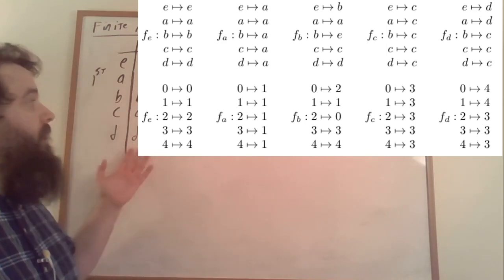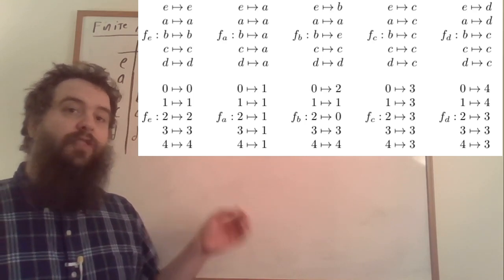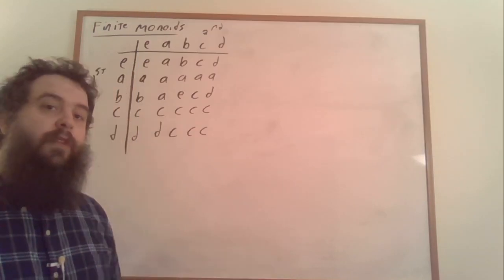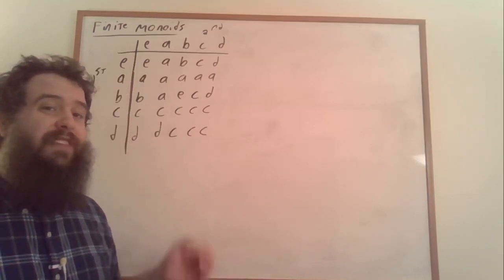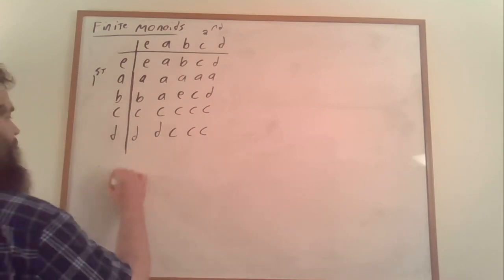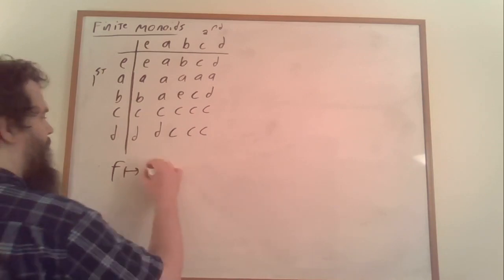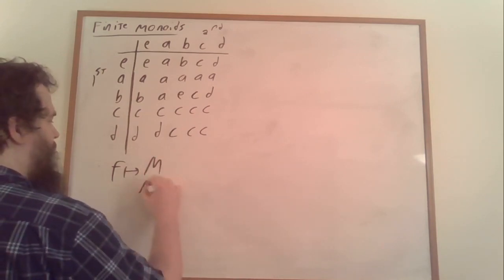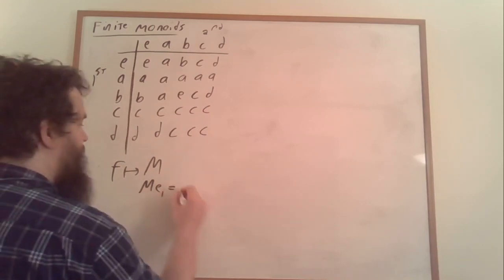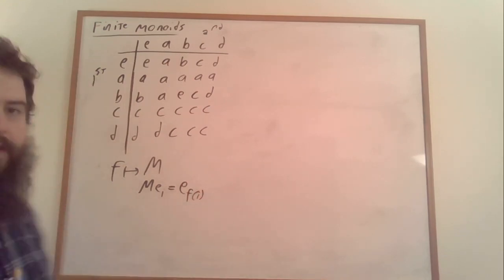Every finite monoid can be viewed as essentially a submonoid of the collections of functions on some finite set under composition. Just as before, we can also turn these functions into matrices. Again, we want it to be the case that we're taking the function f and turning it into a matrix M, where M multiplied by the ith basis element is equal to f of the ith basis element.